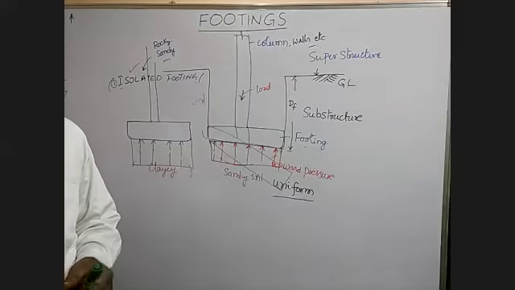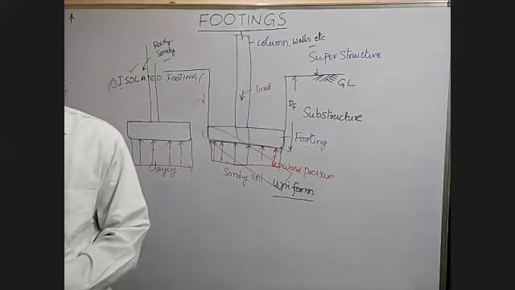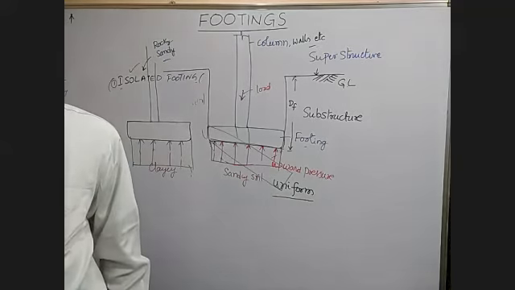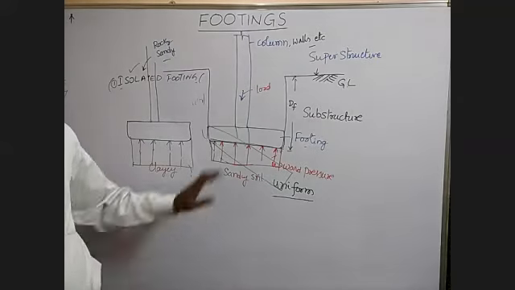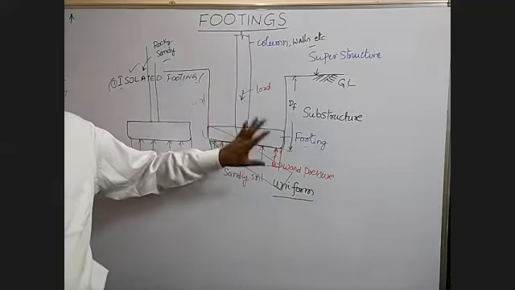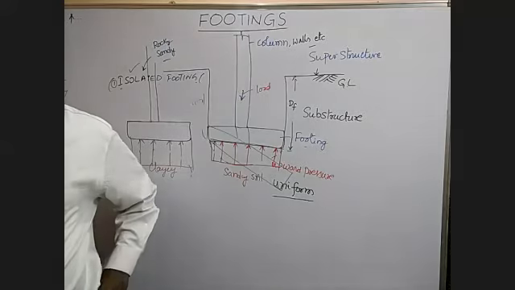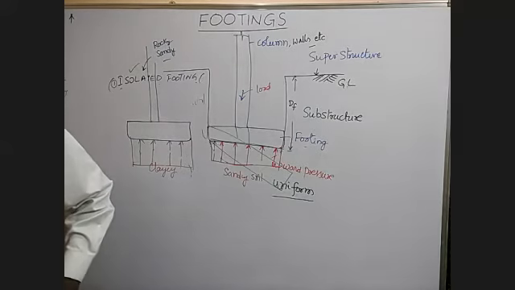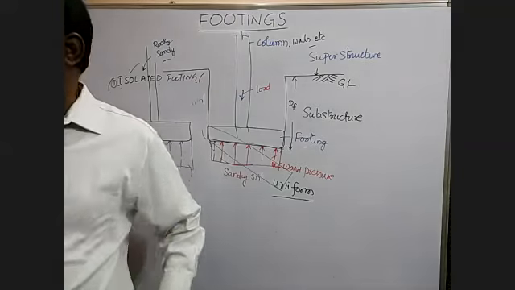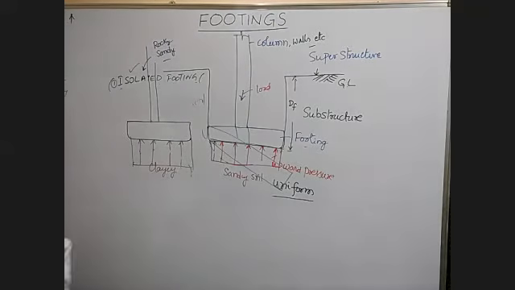For column, beam and slab, it is not related to the soil, but footing is related to the soil. So before designing any type of foundation, the soil should be tested. Now coming to the design of the isolated footing.